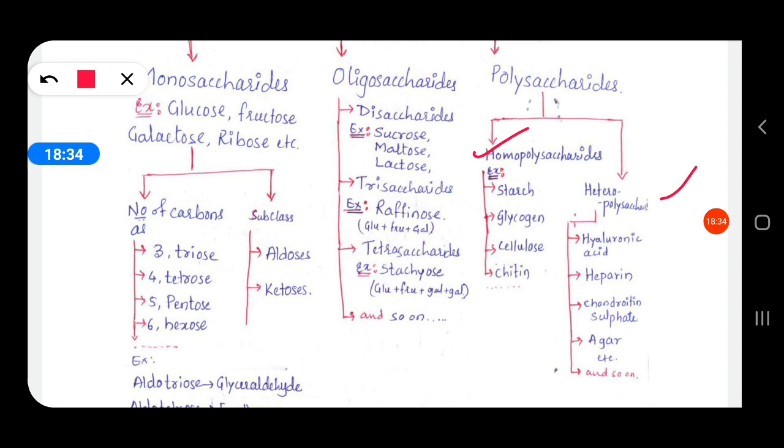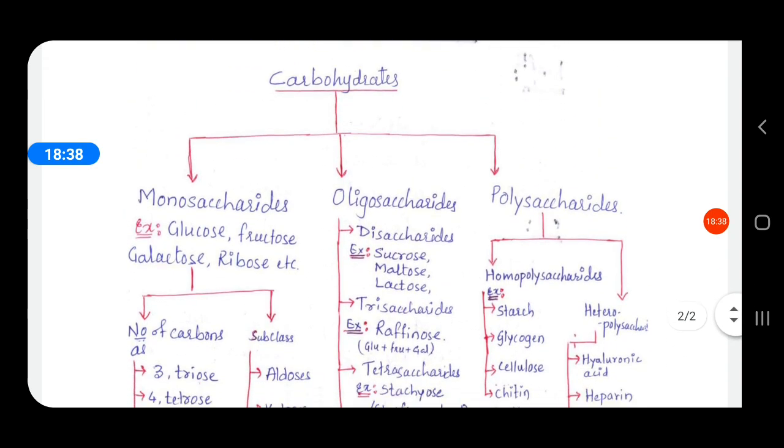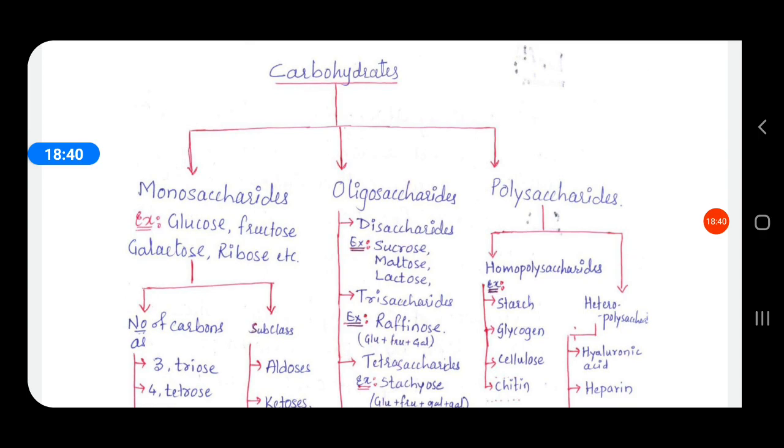So this is the classification of carbohydrates. The carbohydrates are mainly classified as monosaccharides, oligosaccharides and polysaccharides. Monosaccharides are the simplest carbohydrates. On further hydrolysis, they won't give simpler carbohydrates.